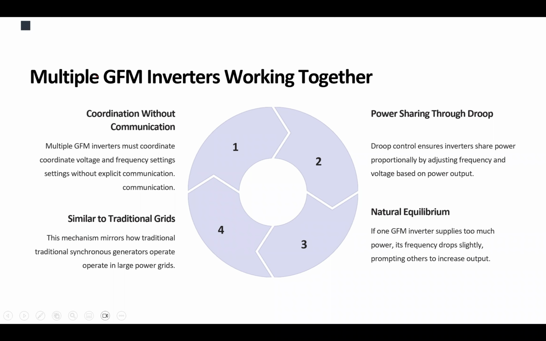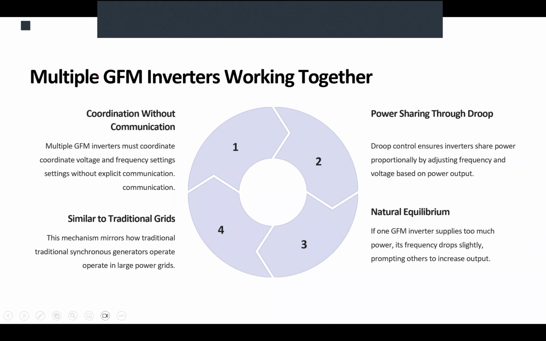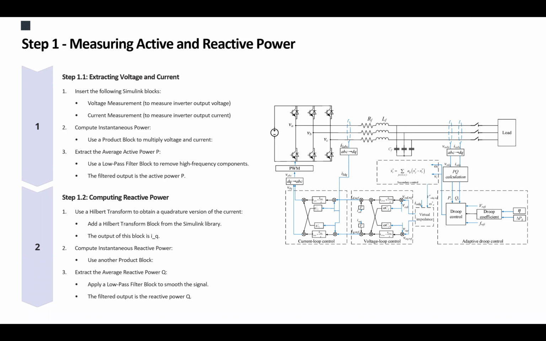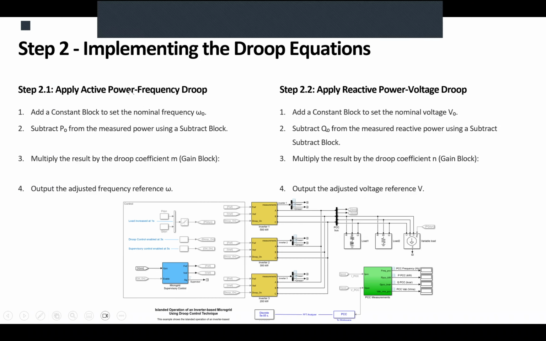Any question so far? Now, I put a step by step guideline for how you can implement the Droop control in MATLAB Simulink in my PowerPoint. It starts with the measurement of active power and reactive power. The next step is implementing the Droop control.